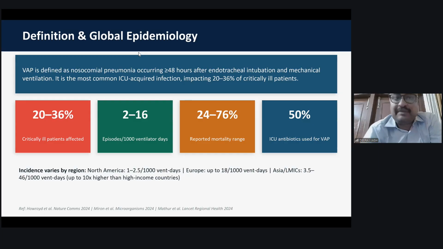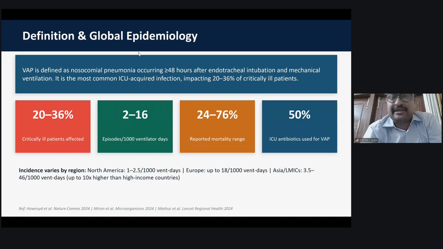Now, what do we mean by the VAP? It is the nosocomial pneumonia which occurs 48 hours after endotracheal intubation and mechanical ventilation. So for VAP, or to coin the term VAP, the patient has to be on mechanical ventilation for at least 48 hours. Now, there may be a common term which is also hospital-acquired pneumonia.